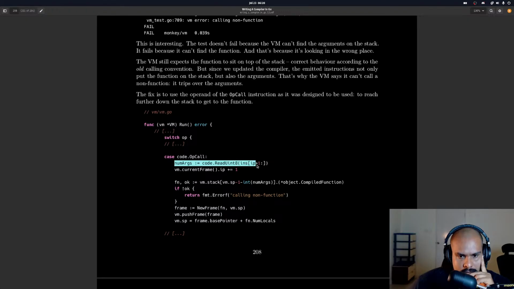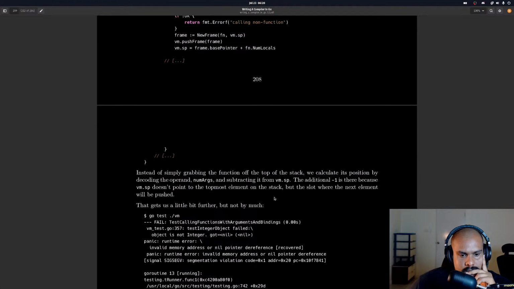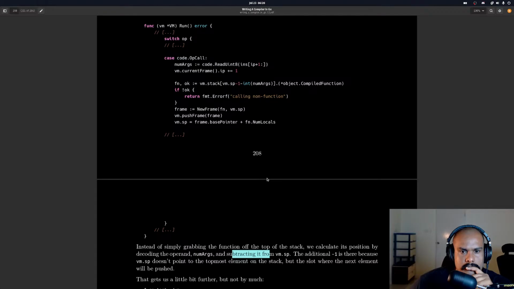Yep. Number of arguments. Exactly. Yeah, I did that already. Calculate its position by decoding the operands, nummarks, subtracting it from... What?